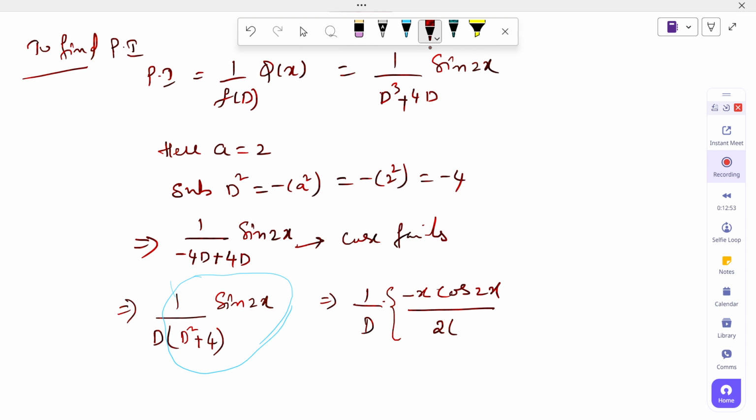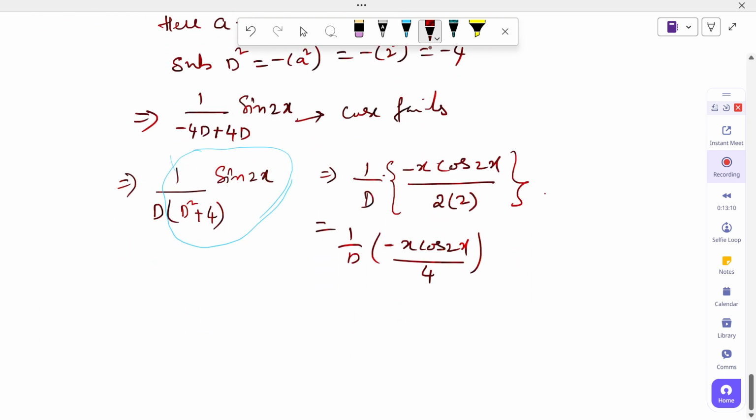What is the value of a here? A is equal to 2, again 2. Yes, it equals 2, which is equal to 1 by D of minus x cos 2x divided by 4.